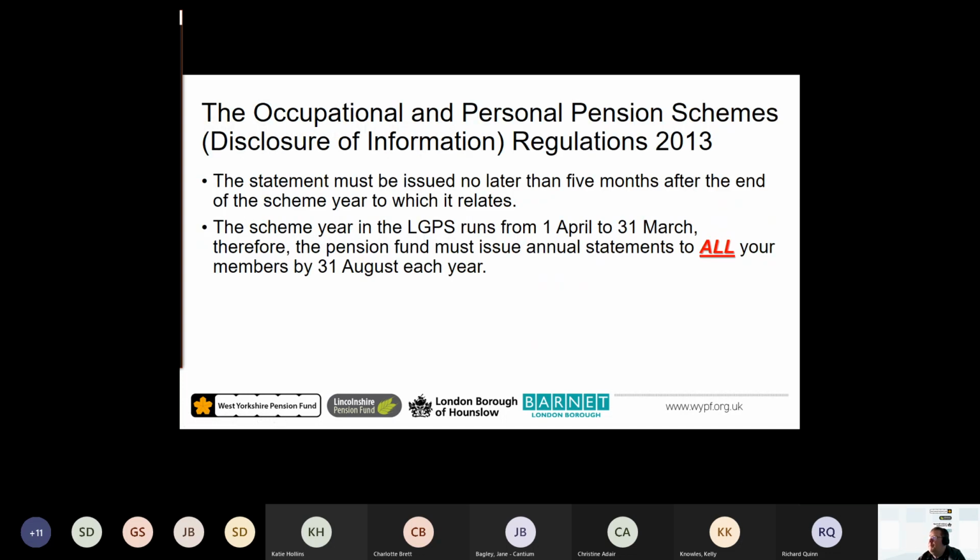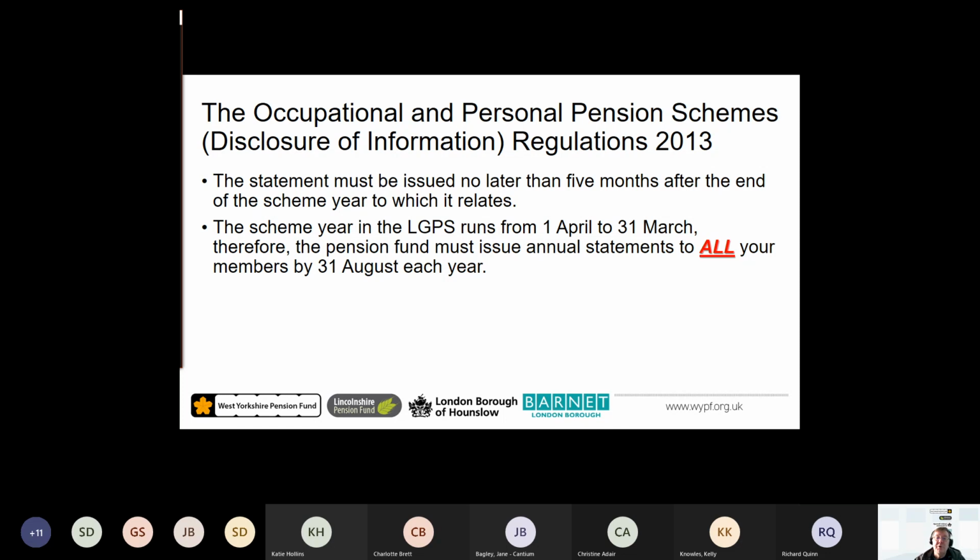It's the Occupational and Personal Pension Scheme Disclosure of Information Regulations 2013, which say a statement must be issued no later than 5 months after the end of the scheme year to which it relates. Our scheme year in the LGPS runs from the 1st of April to the 31st of March. Therefore, we as the pension fund must issue an annual statement to all your active members by the 31st of August each year.